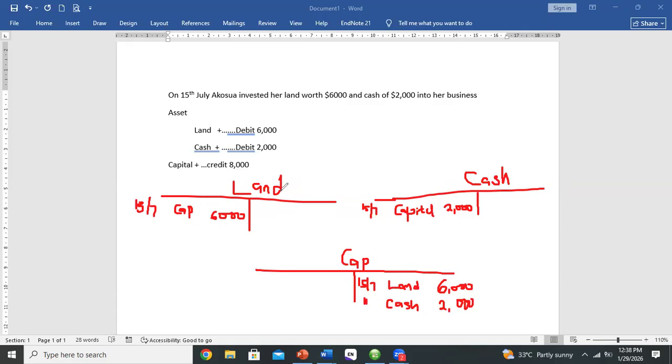And I think we'll get to such an example. Please, any question? Ask me questions, because I want us to be in a state where, when we are done with investment by the owner, you should be very comfortable. Anytime you see a transaction where the owner is doing investment, you should be able to record it without any stress.